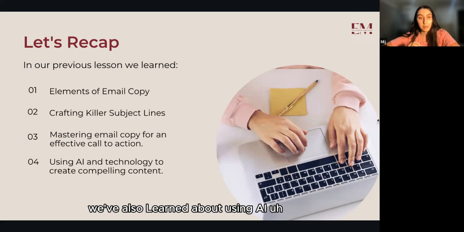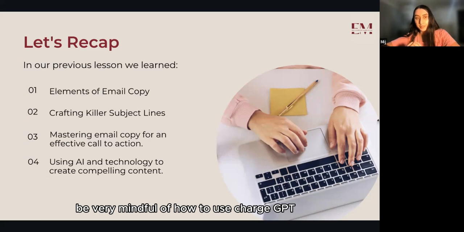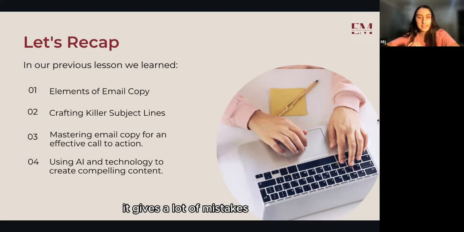We've also learned about using AI to create compelling content. I've also given you some suggestions and prompts, but I've also warned you to be very mindful of how to use ChatGPT, especially because it's not fully optimized, and most of the time it gives a lot of mistakes. You always need to personalize it because it's very obvious to the person when something is done on ChatGPT.